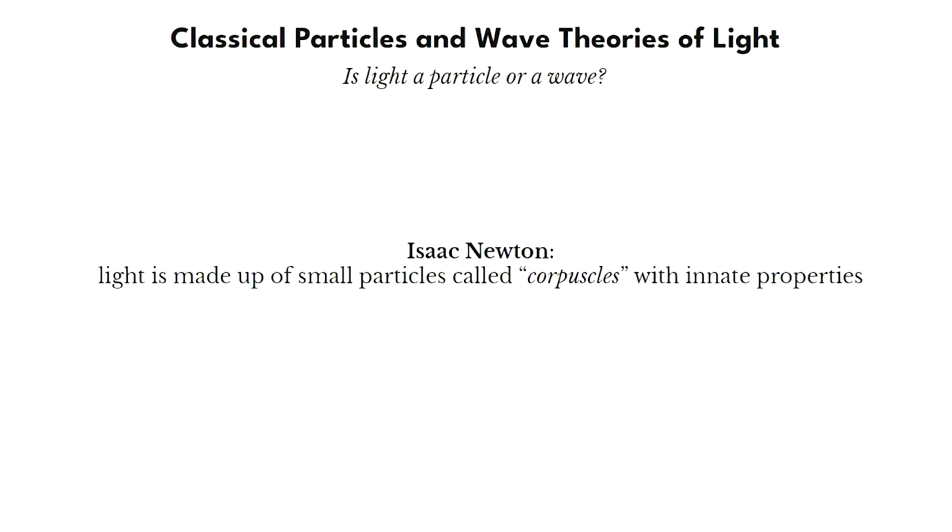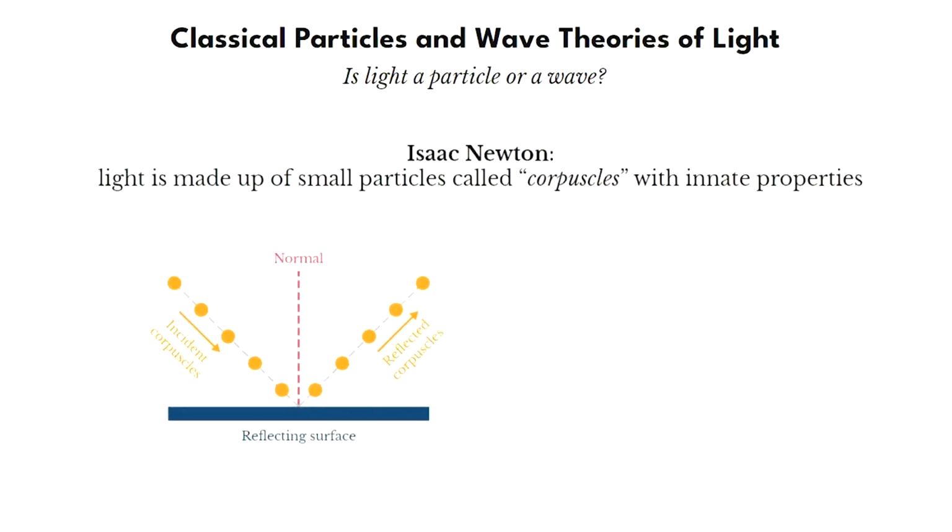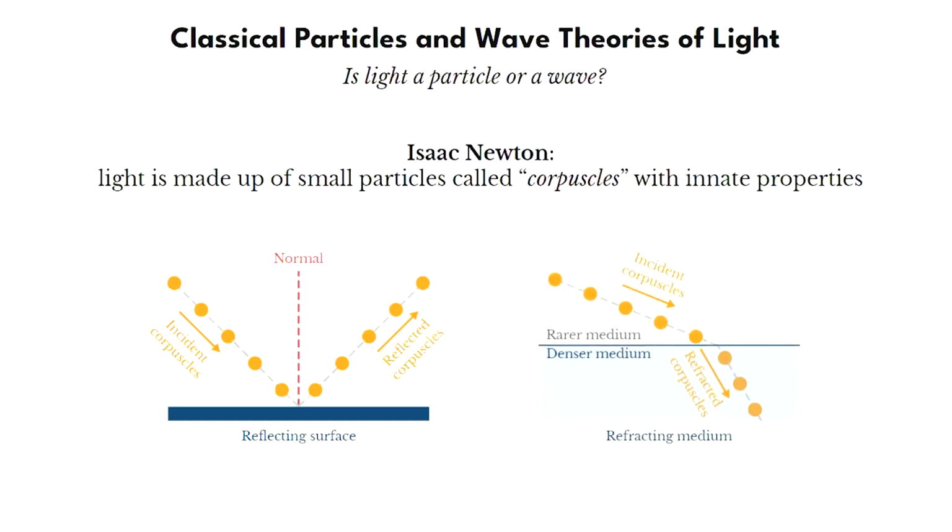In the 18th century, Isaac Newton thought that light is made up of particles, which he called corpuscles. He could explain phenomena like reflection as simple as a particle bouncing off a smooth surface, and refraction as nothing but the particle slowing down when it enters a denser medium.